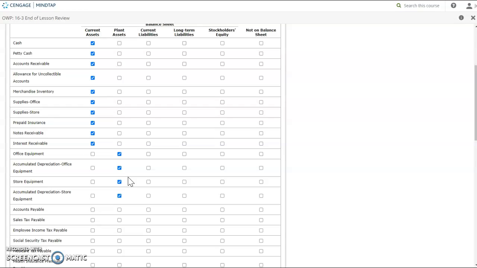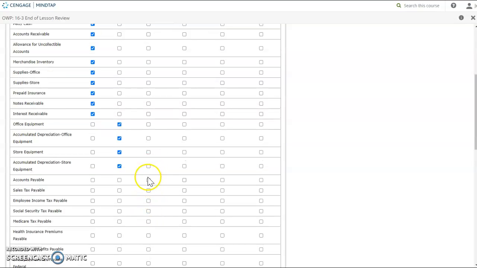All right, next we're going to look at our current liabilities. So kind of like our current assets, current liabilities are something that we plan to pay off within a year. So let's go ahead and mark down. We're in our third column for our current liabilities.